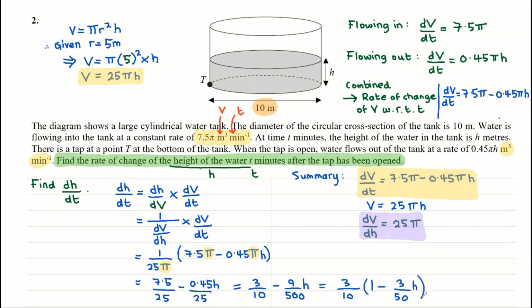So we read the question very carefully. You use the dimensions of the units to set up your derivatives. And now those are the specific derivatives in the context of the question, and they're usually numerical or have some specific variable in them, like h, like 0.45 pi h, like we got in this one.